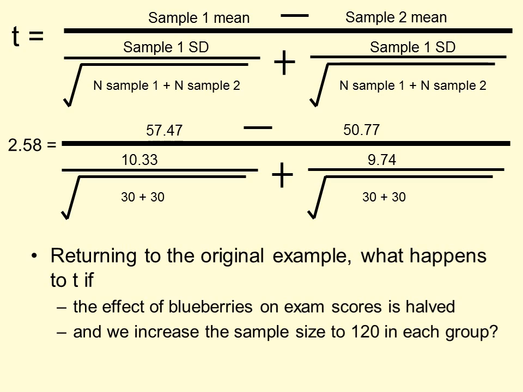So for our final manipulation of the original example, we will look at what happens to t when we halve the effect of blueberries on exam scores, but we also increase the sample size to 120 in each group. So two effects at once are being changed. You might want to pause the video for a minute and have a think and see if you can work out what the value of the t-statistic will be.